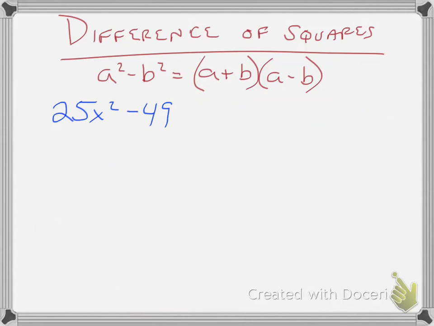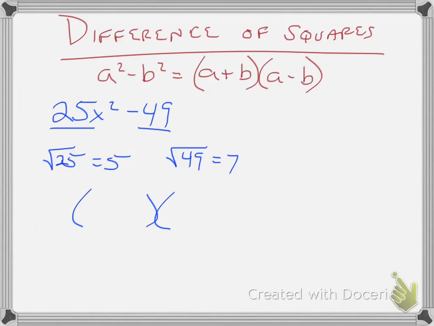So for this one, when you only have the x squared term and the constant, and what's missing is the middle term with the x, this is a difference of squares. If they're two perfect squares, take the square root of them: the square root of 25 is equal to 5, the square root of 49 is equal to 7.